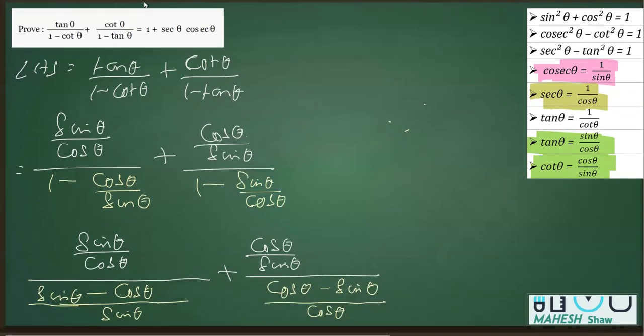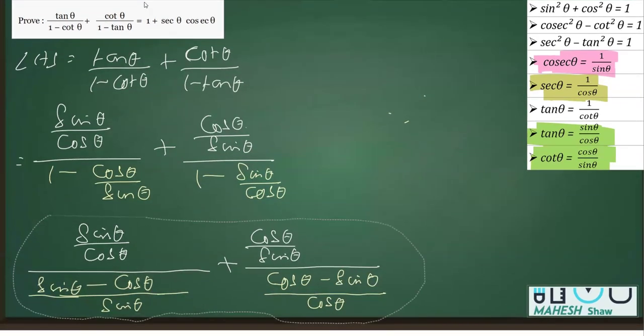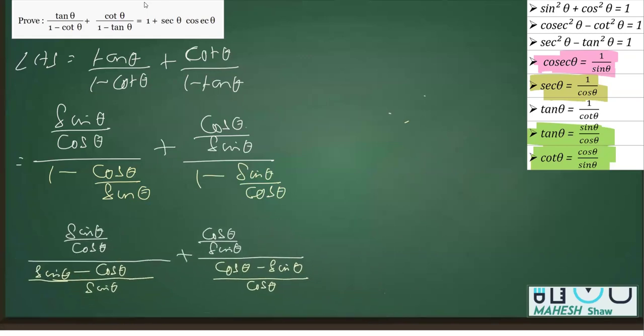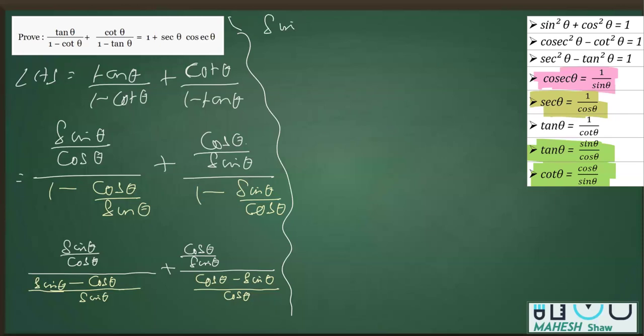Now, once we have done till here, what we are going to do is to simplify it further. For simplification, we will be dividing both of these. So we have a numerator as sine theta over cos theta. But we know that dividing by this is the same as multiplying with the reciprocal. So I'll be multiplying with the reciprocal of this, which is sine theta over sine theta minus cos theta.